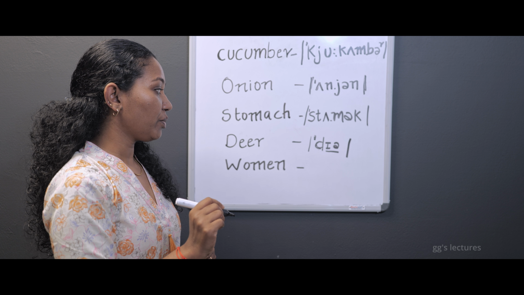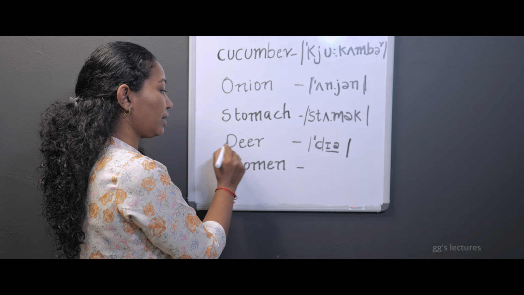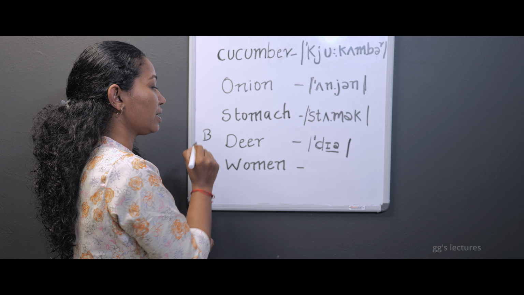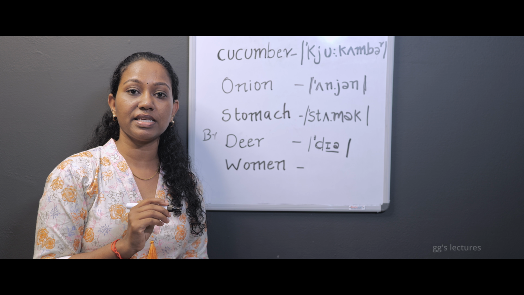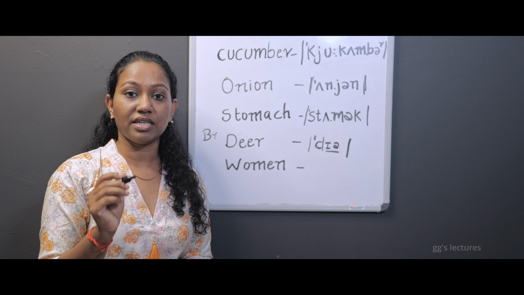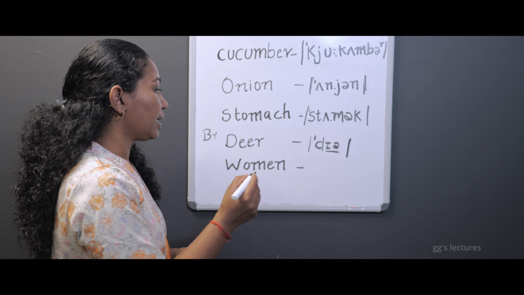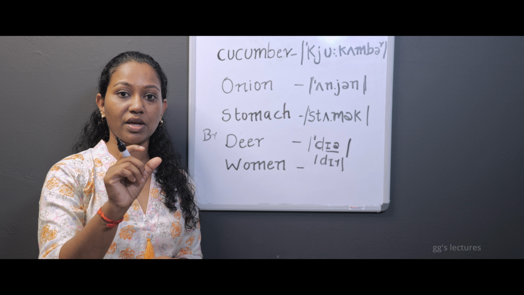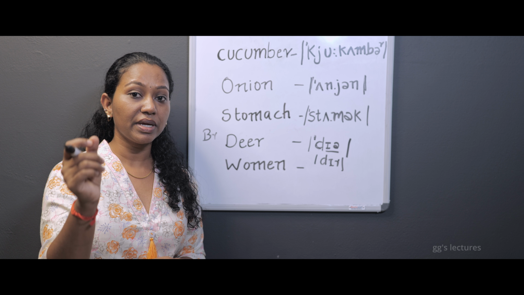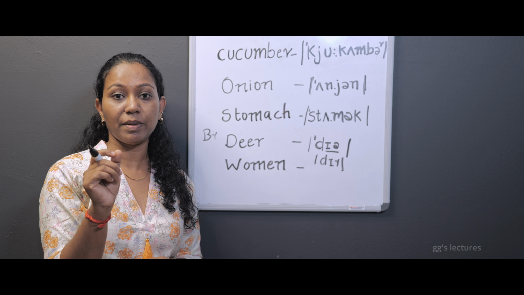So let me say one more thing. This word in British English is pronounced as dear. But in American English, this word is pronounced with an r sound. So there is a slight difference between how the Americans pronounce and the British people pronounce.